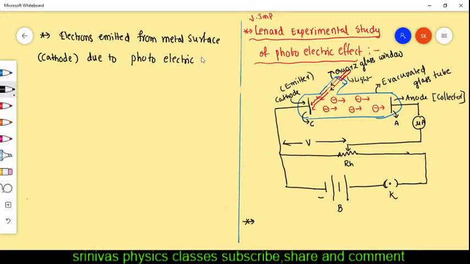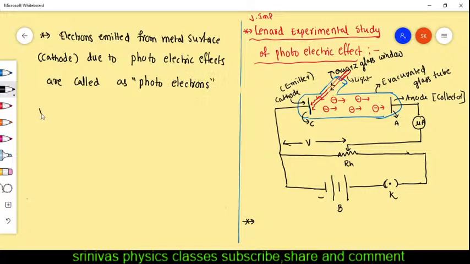Electrons emitted from a metal surface due to the photoelectric effect are called photoelectrons. Due to the light, the electrons are emitted. That's why they are called photoelectrons.